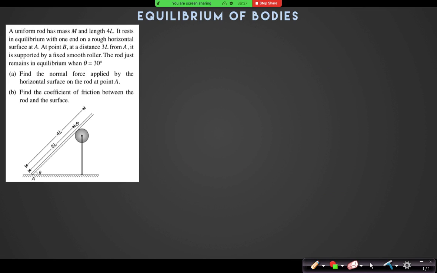Now this question says a uniform rod of mass m and length 4L rests in equilibrium, one end on a rough horizontal surface, and at point B, at a distance 3L from end A, it is supported by a fixed smooth roller. The rod just remains in equilibrium.